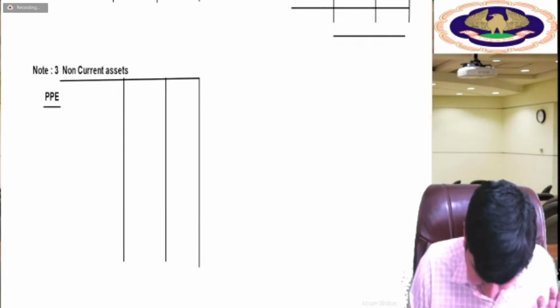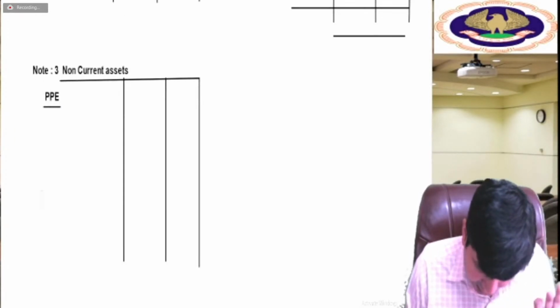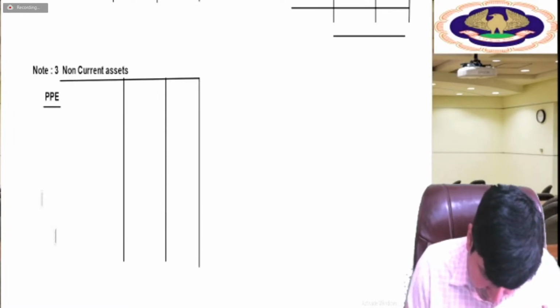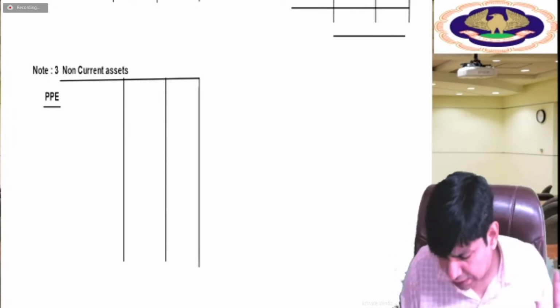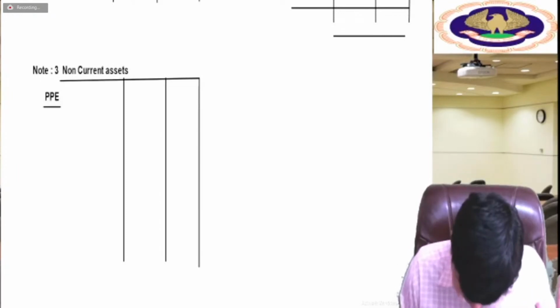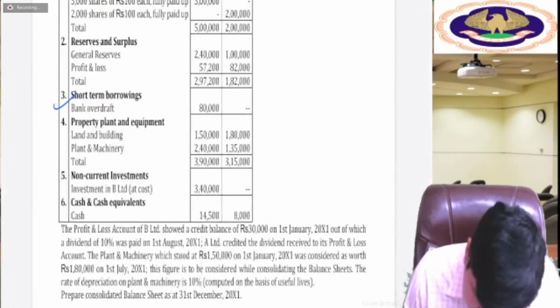And if there is any goodwill, then that has to be posted here. But first check how many non-current assets are there.